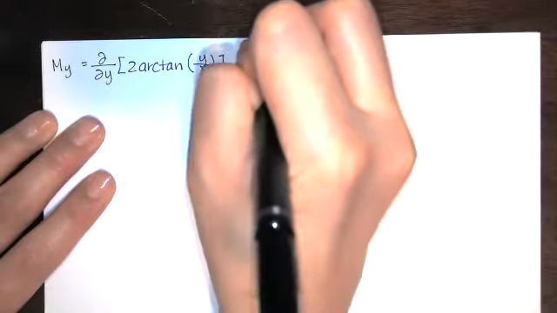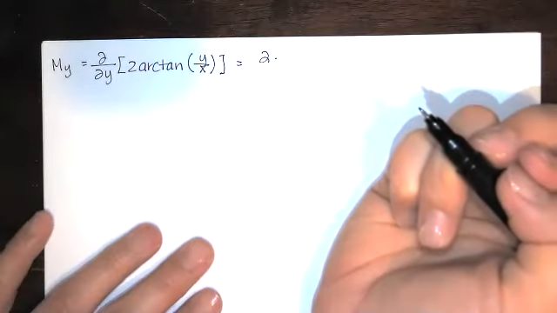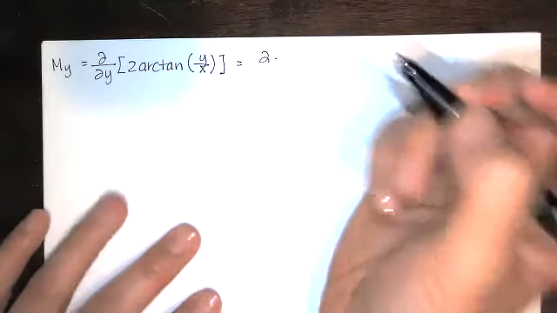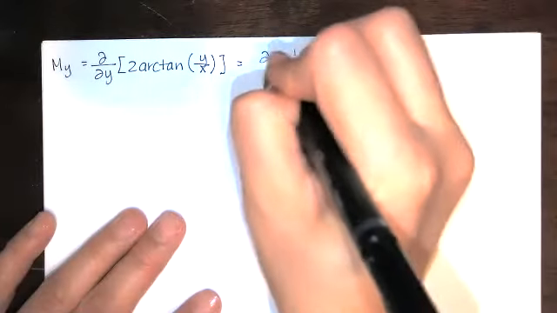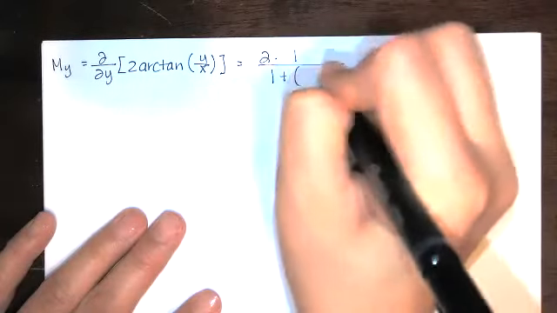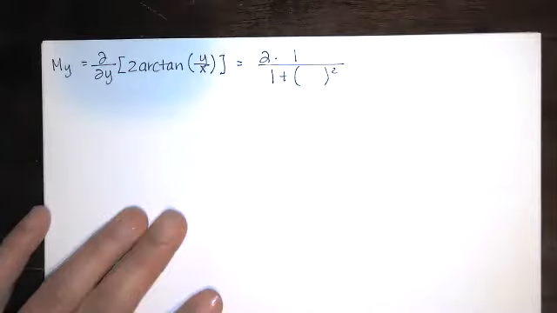Now let's find the partial of M with respect to y. So we bring our 2 down, and then we take the derivative of the arctangent of y over x with respect to y. So that's 1 over 1 plus the inside function squared.